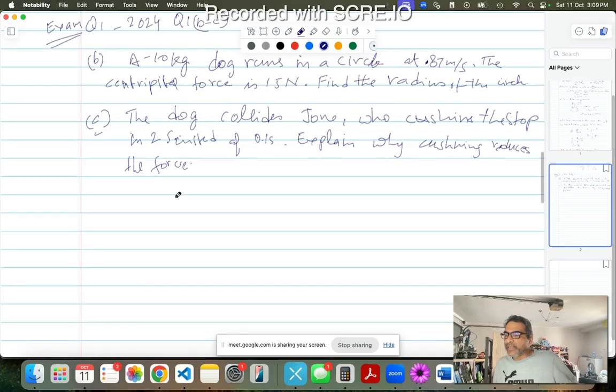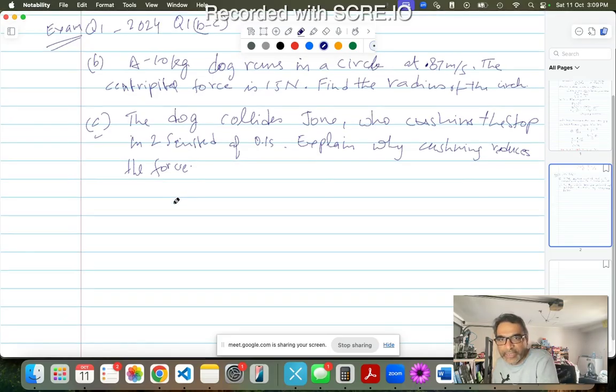So first one is the direct one. The B part says that the centripetal force is given. So what's given? Fc, centripetal force, 15 Newton. Then mass of the dog is 10 kg.